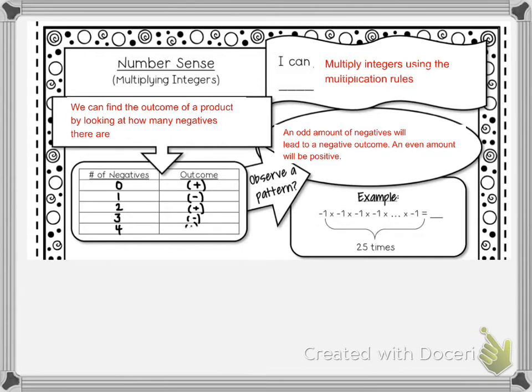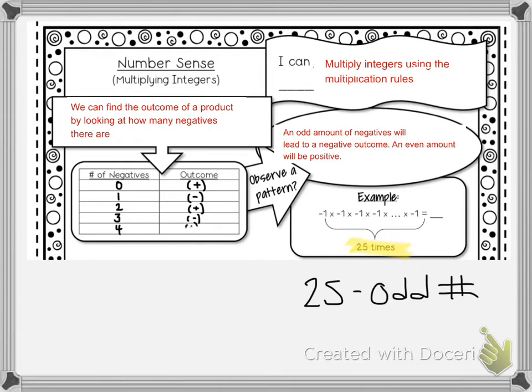Based off of that, let's look at our example. So we have negative 1 multiplied by itself 25 times. I know that 25 is an odd number.